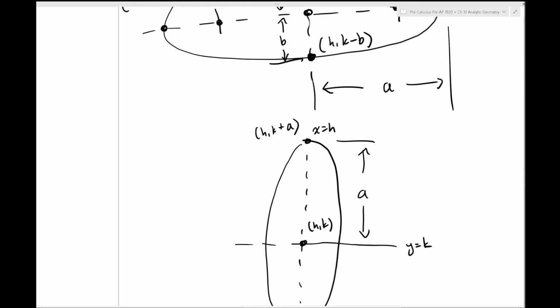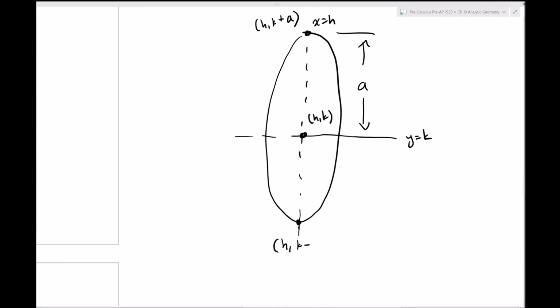So that's plus or minus a here, not b. Because I think of a as horizontal only and b as vertical only, but that's not the case. A is the larger one, so it's going to switch between horizontal and vertical. B is the smaller one. So if we're talking about the vertices, we want the larger one, which is always a. Your foci are up here and down here somewhere. And that's a distance of c this way and this way.